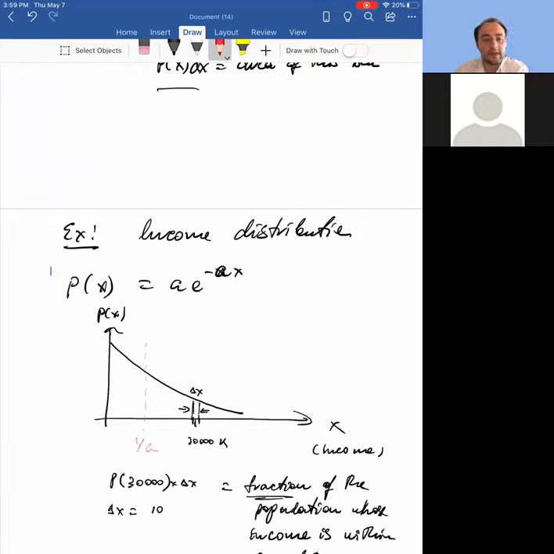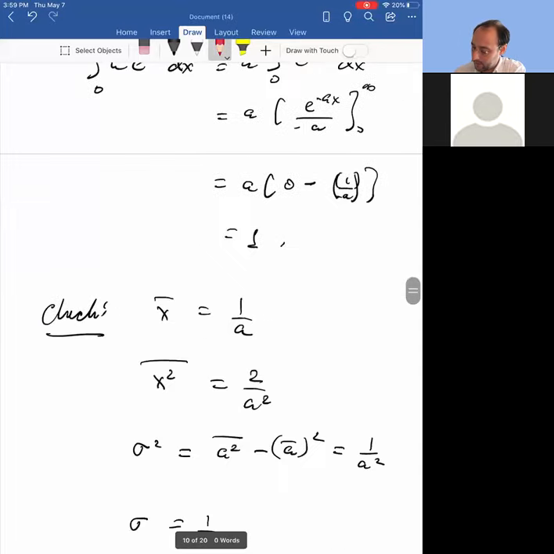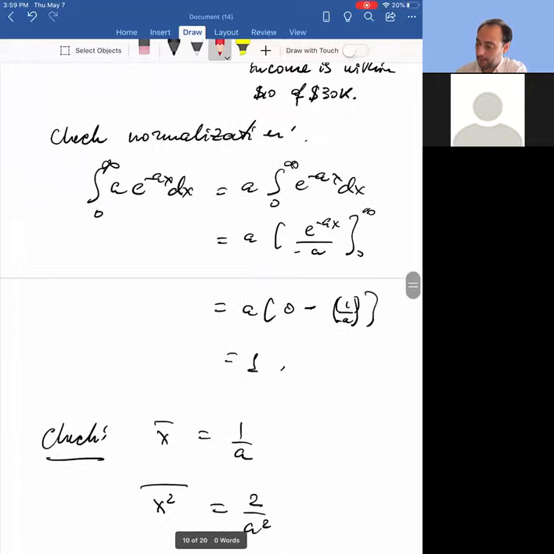And the width of the distribution is also 1 over a.